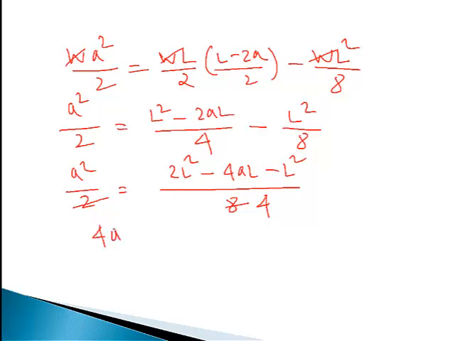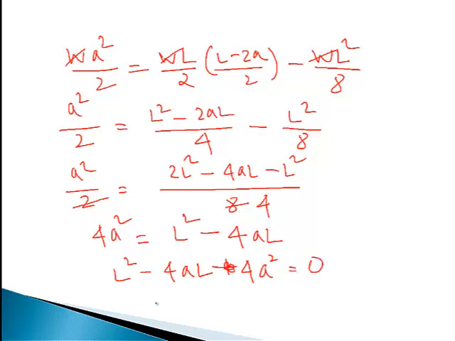Please don't make mistakes in the equation, do it slowly and you will get the answer. L square minus 4AL minus 4A square equal to 0, or you can take 4A square plus 4AL to the other side, minus L square equal to 0.